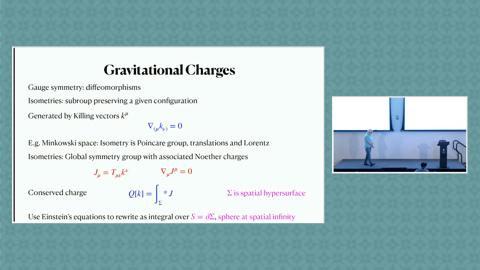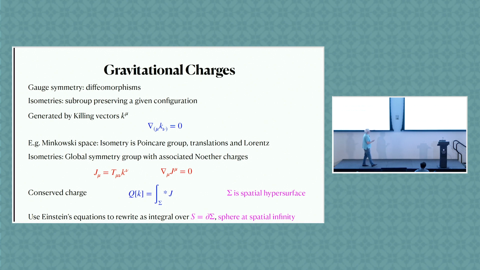Now I want to switch back to the original question about the nature of these magnetic charges and states carrying these charges. For gravity, the gauge symmetry is that of diffeomorphisms, and the isometries are a subgroup preserving a given configuration, generated by Killing vector fields.